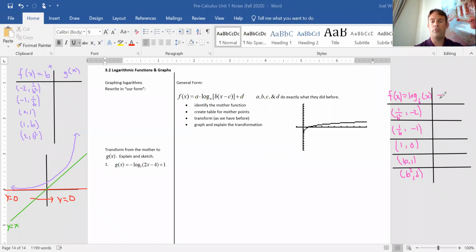And then we're going to use our transformations, the a, b, c, and d, to figure out g of x, just like we did with transformations, just like we did with the exponents.